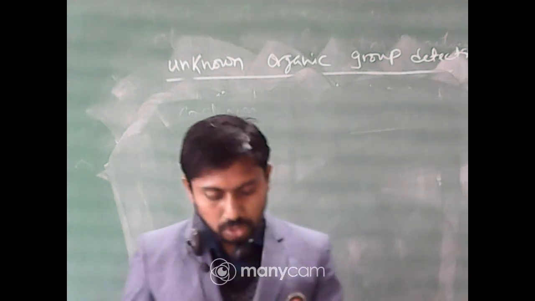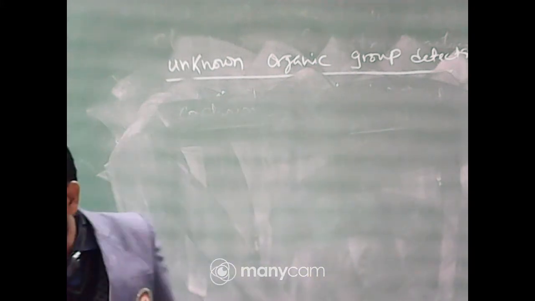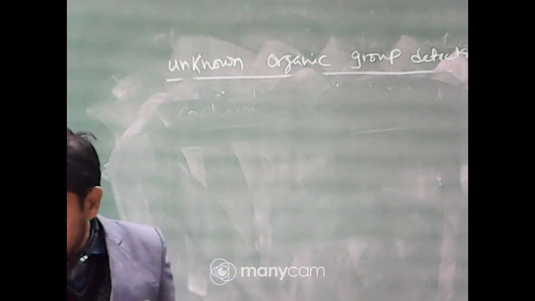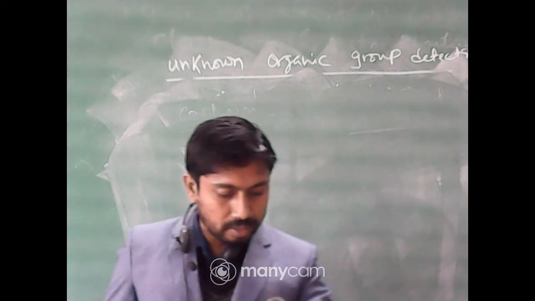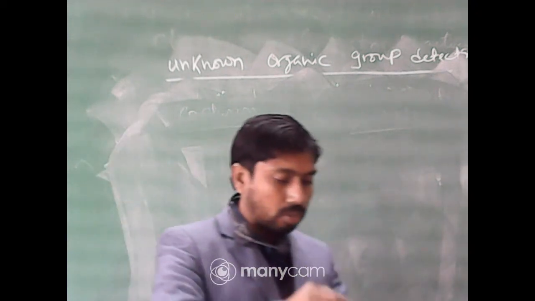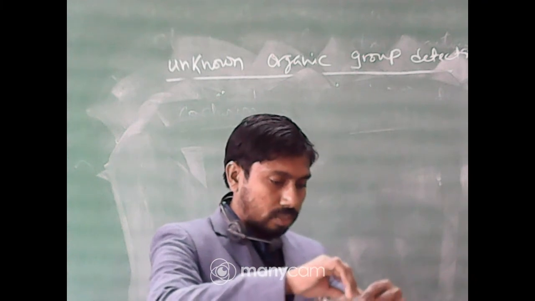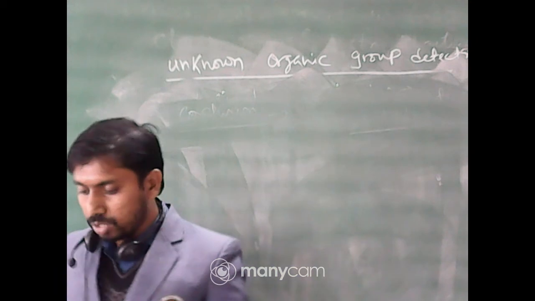Now, just look at this, the special test for ketone. What is the special test for ketone? We will use meta-dinitrobenzene. Okay. So, again only the ketone sample is taken and meta-dinitrobenzene will be taken in solid form.